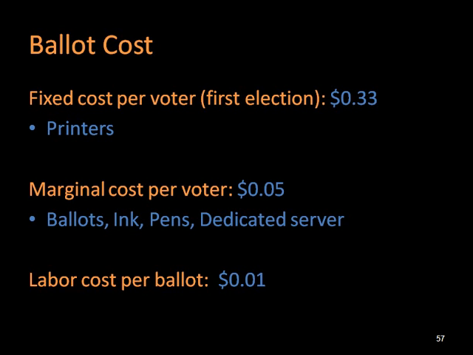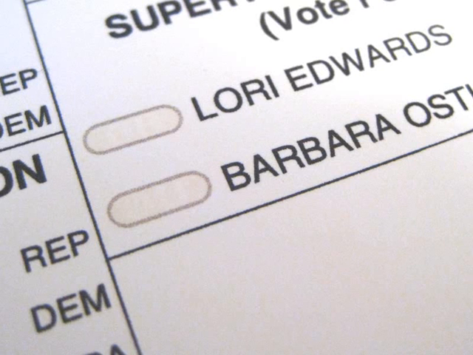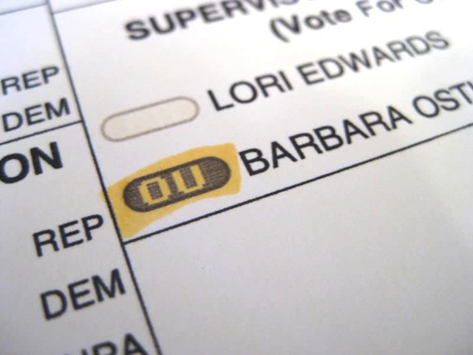And speaking of printing, let's take a look at the finished product. Here is an unmarked Scantegrity II optical scan bubble. Here it is again when it's been marked by the special pen. You can see that the bubble has darkened and the confirmation code OU has been revealed.